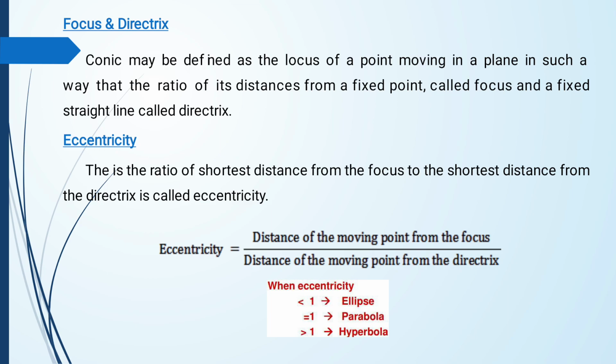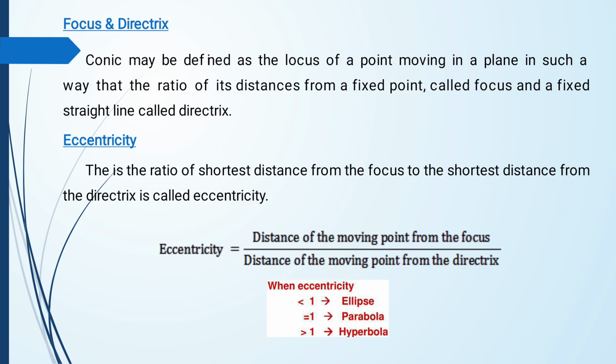So a ratio can be maintained here. Based on that ratio, we can distinguish the three curves. The ratio of the shortest distance from the focus to the shortest distance from the directrix is called eccentricity. So eccentricity is very important.